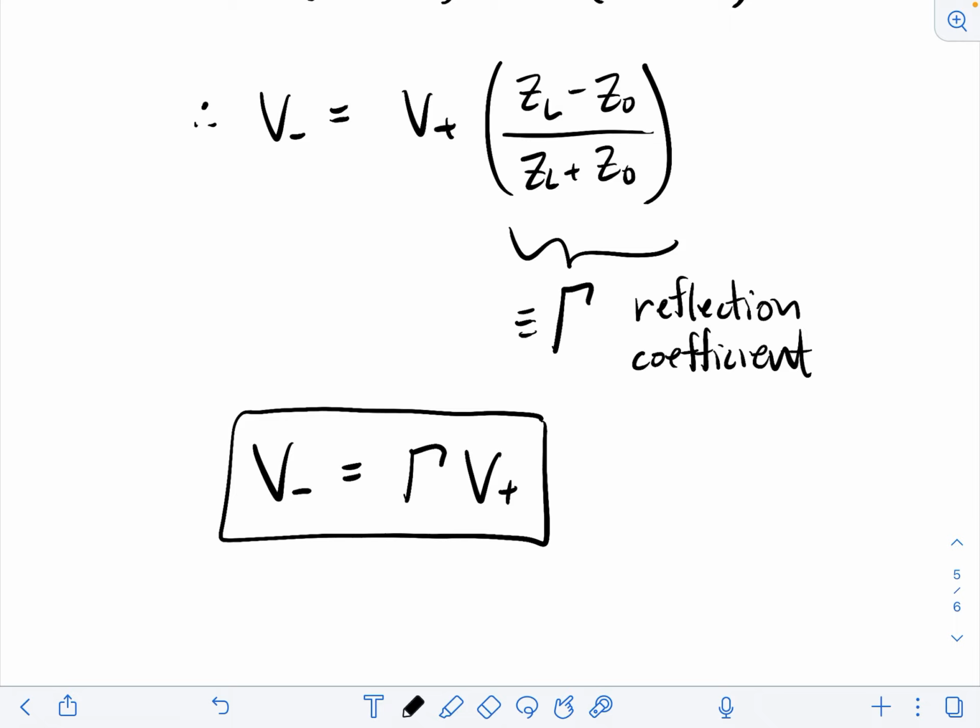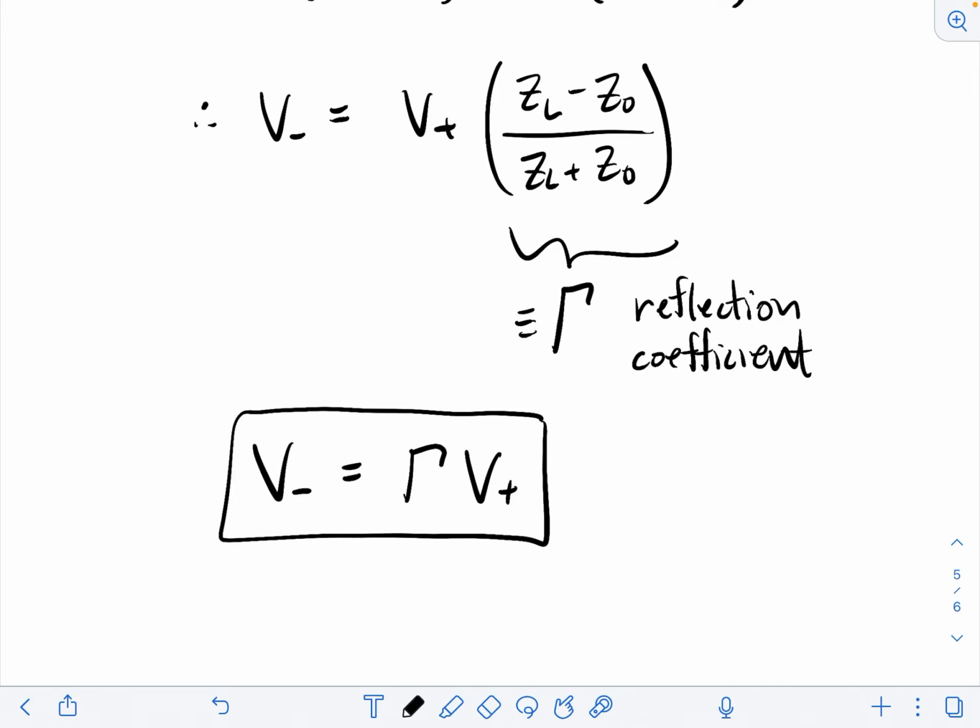Well, if you have a function generator, a signal generator, sending signals out to the right along positive Z, the signals that are returning along negative Z are due to reflections at the end of the transmission line. And how much of a reflection you get is determined by this reflection coefficient gamma that we just calculated.